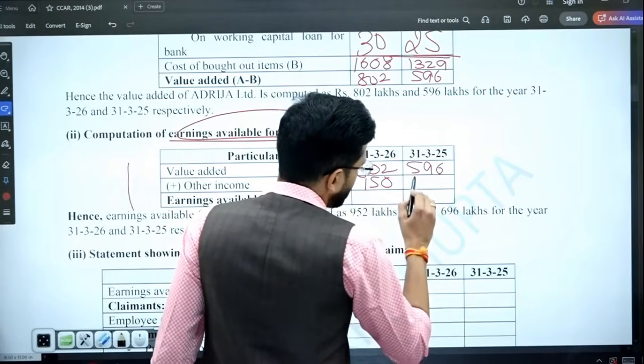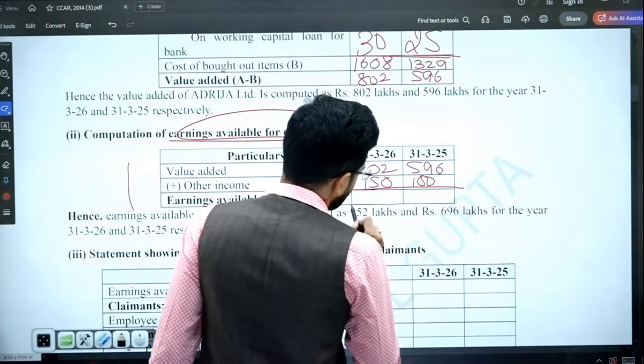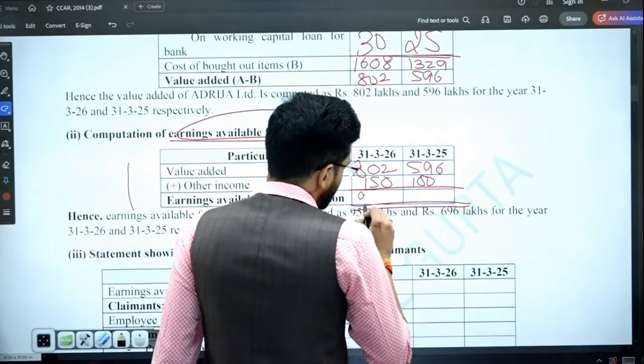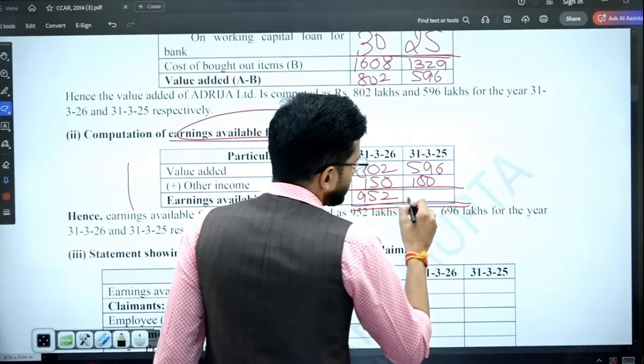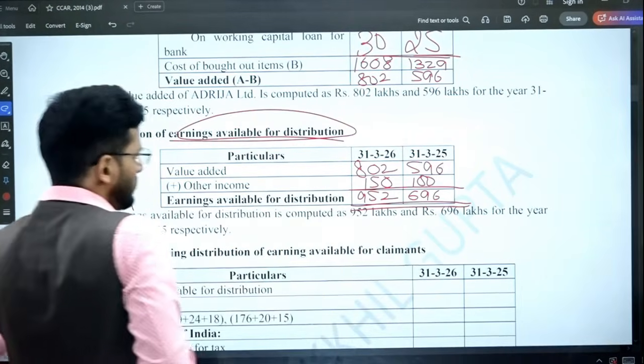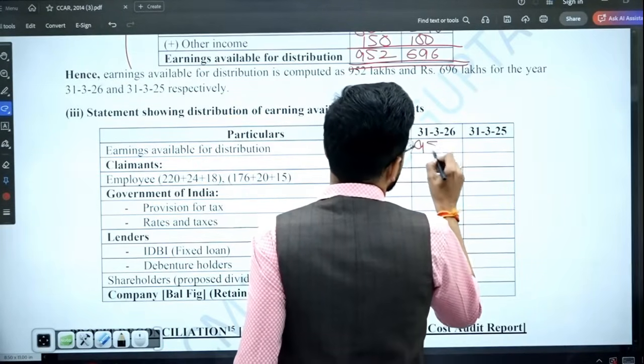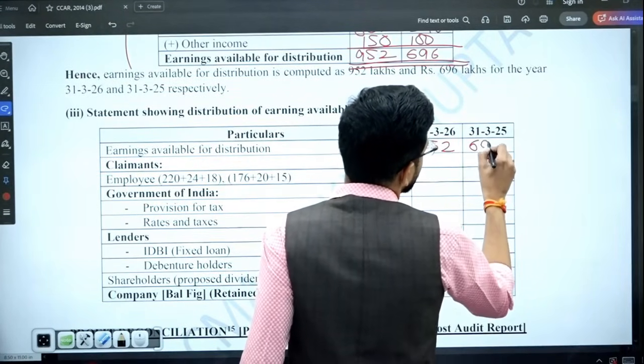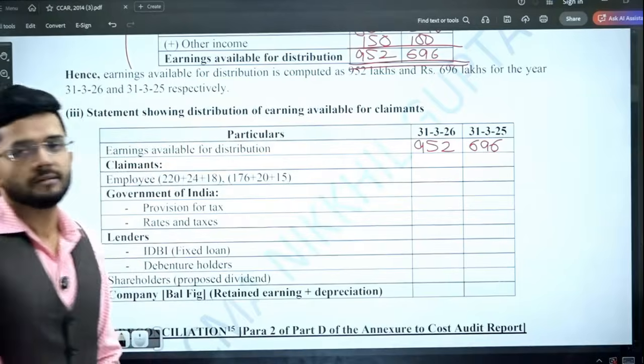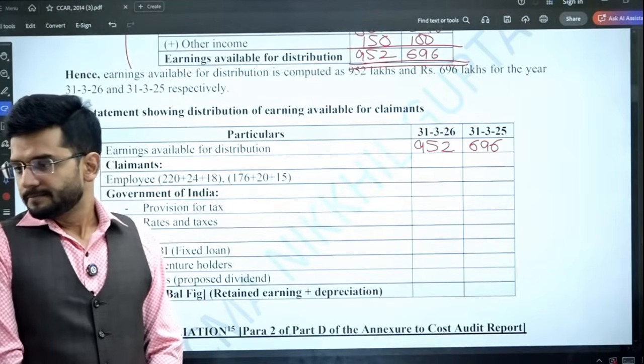This is available for further distribution. So 952,696 is available for distribution.